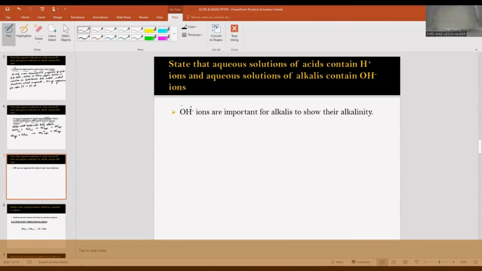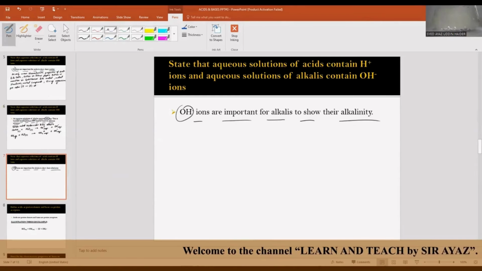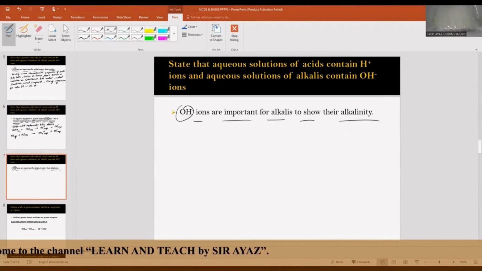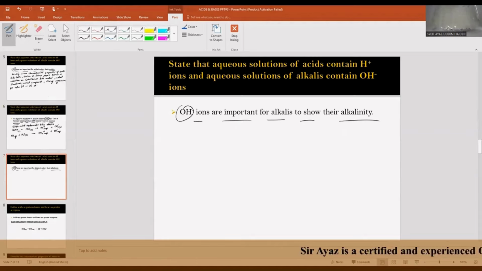Just like acids, OH negative ions are important for alkalis to show their alkalinity. So for any alkali to show their characteristic properties, they must contain OH negative ion. And for this reason, they need water. They can't produce this OH negative ion in any other solvent or liquid.